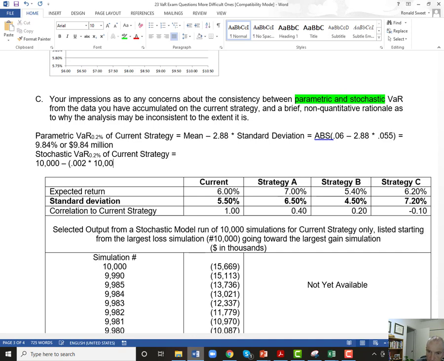Well, that's 20. So that's going to give us 9,980 plus 1. It's going to be simulation 9,981. There it is right there, simulation 9,981. So that equals 10,970,000, or 10.97 million.